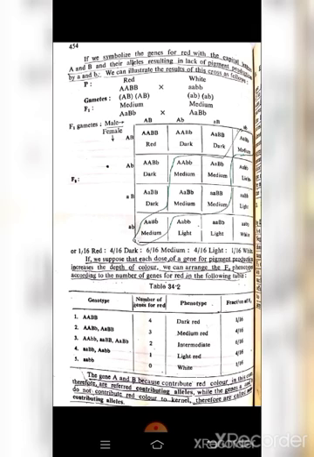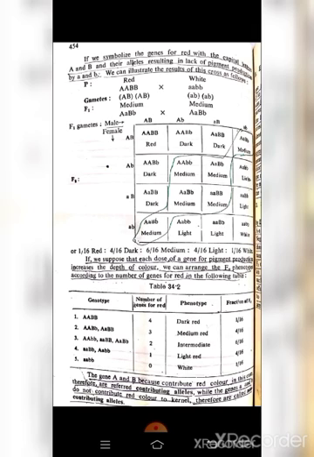The genotypes will be capital A A, capital B B in the homozygous condition; in case of white, small a a, small b b. Now the gametes are formed: AB, and ab.